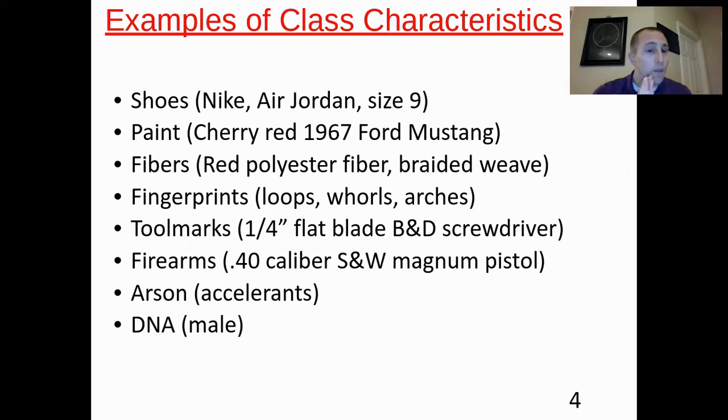Not that brand of gun, that specific gun, so that we can see that microscopically unique scratch pattern that would be on that bullet. But we can figure out what type of bullet it is. We can figure out what type of gun it came from, but we can't figure out the one specific gun that it came from. Okay.